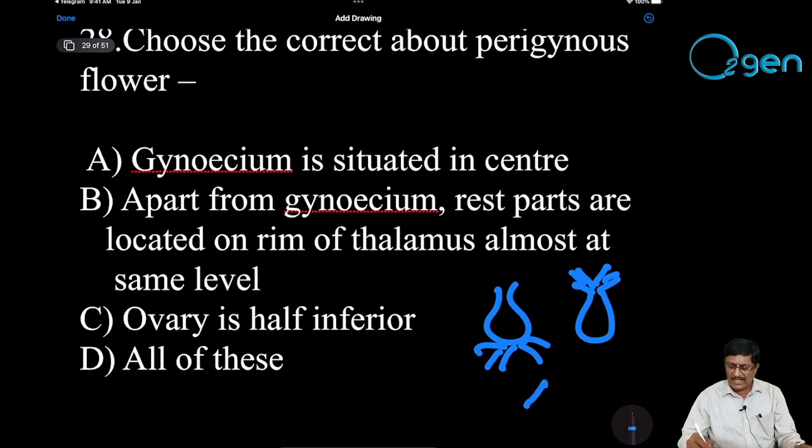Here the gynoecium, or ovary, is in the middle and the floral parts arise from the rim of the flower. Hence that is called perigynous. Here the options are: gynoecium is situated in the center, the correct option. Apart from the gynoecium, the rest of the parts are located on the rim of the thalamus almost at the same level. That's also correct. Ovary is superior. That's also correct. So the option is D, all of these.